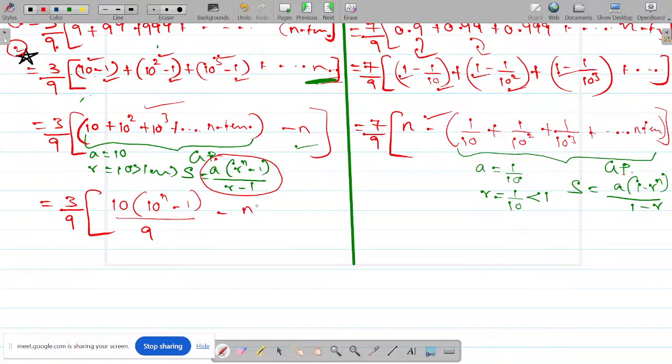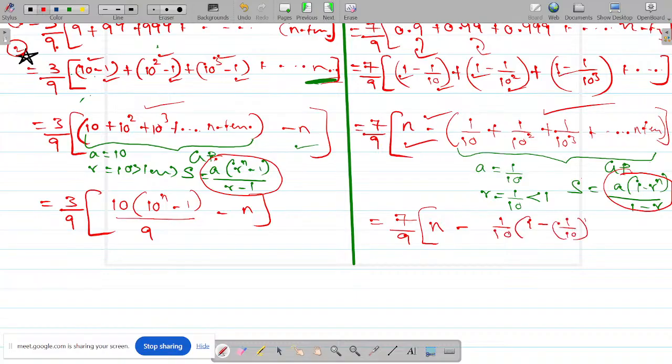So it's n only. Now come over here, 7 by 9. N is present, so I just keep it as it is, minus. Now I apply the formula for this one. What is A? 1 by 10 into 1 minus R, which is 1 by 10 power n, divided by 1 minus 1 by 10. Let me keep it as 1 by 10. Then I'll simplify it. Now come over here, 3 by 9.